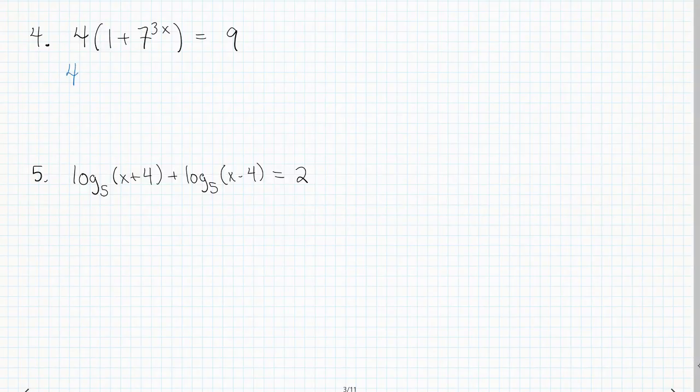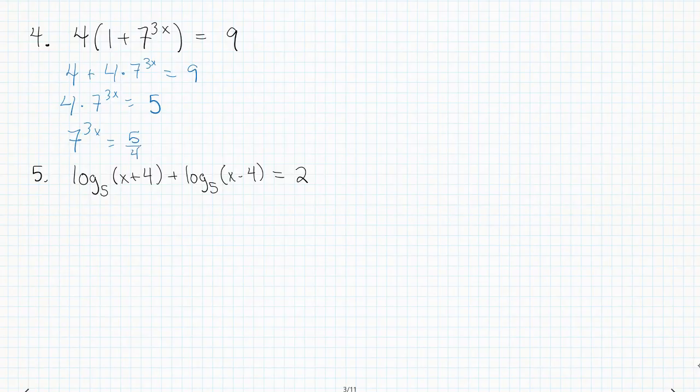So you get 4 plus 4 times 7 to the 3x equals 9. If you subtract 4 from both sides, you get 4 times 7 to the 3x power equals 9 minus 4 is just 5. Now we want to isolate that 7 to the 3x, so we divide both sides by 4, and so that leaves us with 7 to the 3x equals 5 over 4.